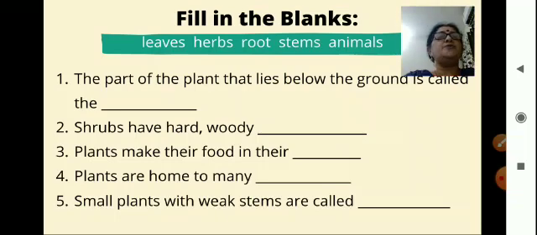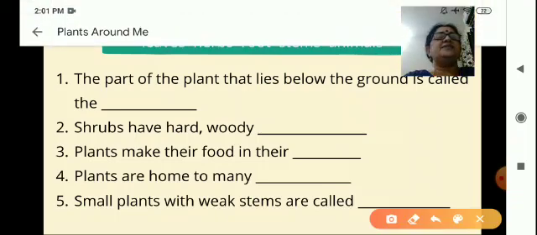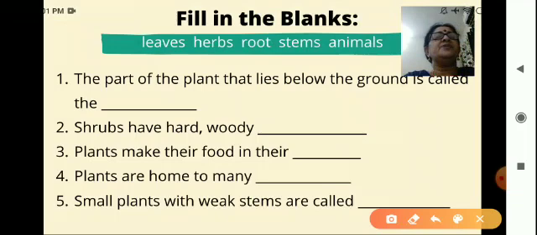The part of the plant that lies below the ground is called the dash. Children, tell me the answer. Yes. Answer is root. R-O-O-T. Root.